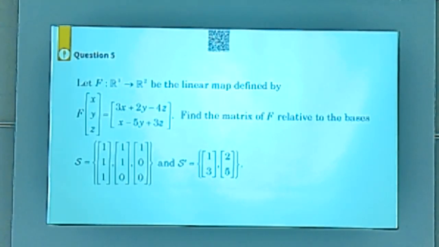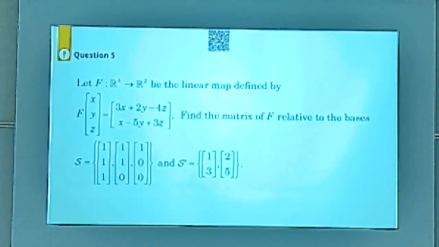We want to start off still the same way. I'm going to transform each of your basis vectors from the basis of the domain. So we're going to start with transforming all of your vectors in S. What does 1, 1, 1 map to?